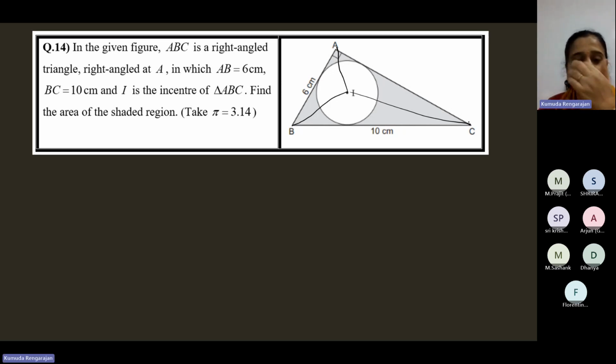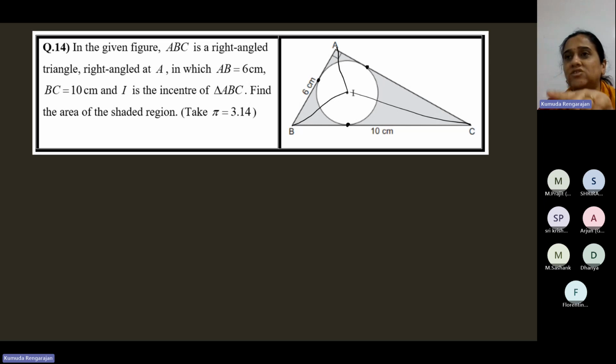Now we have divided the whole triangle into 3 smaller triangles. For each of the small triangles, show the altitudes. Now, point of contact, point of contact, point of contact. As we understood earlier, the 3 sides of the triangle are tangential to the circle.